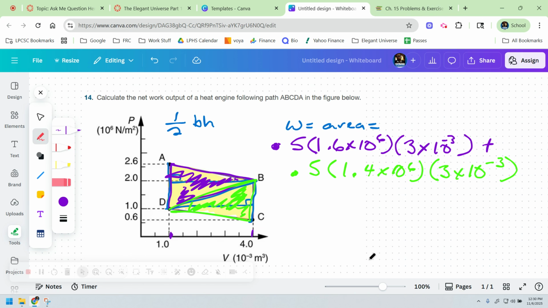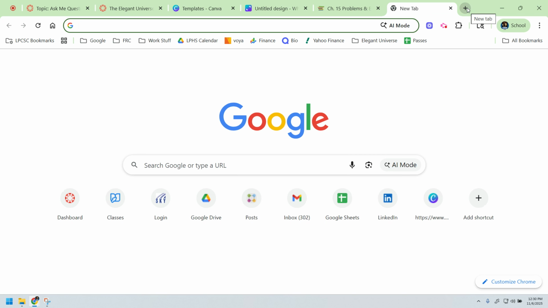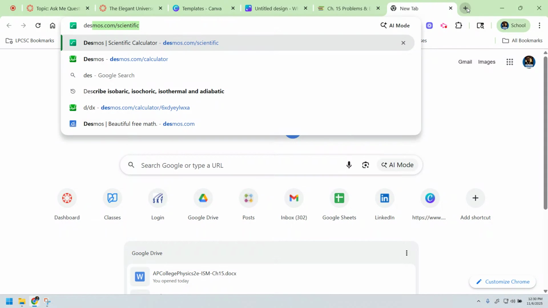So let me do that. I'll get my handy dandy calculator out. We'll do Desmos.